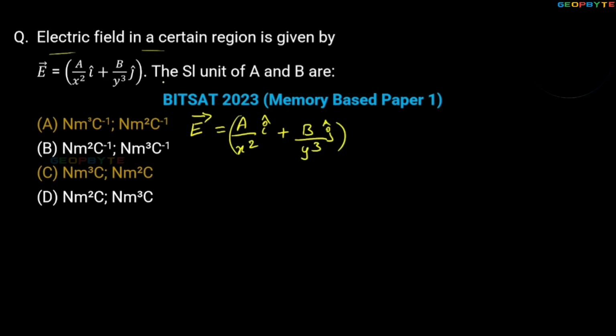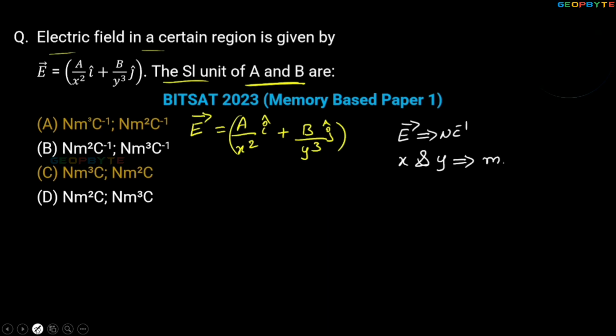Here it is asking for the SI unit of A and B. For that, you should know the unit of electric field, which is N C^-1. x and y are both in meters.